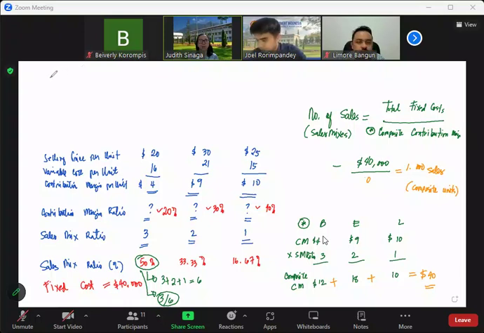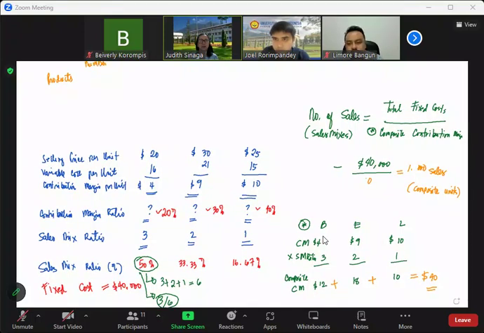Earlier our products went from left to right; now it goes from top to bottom. So you have products, one column for number of sales, and the next column for the sales mix ratio. Then you have the break-even point in units.